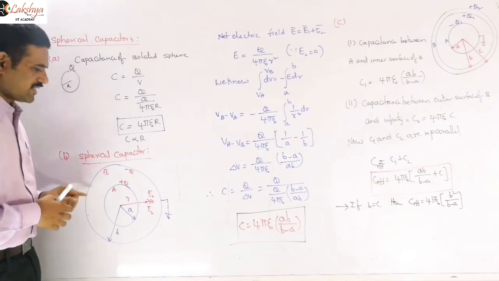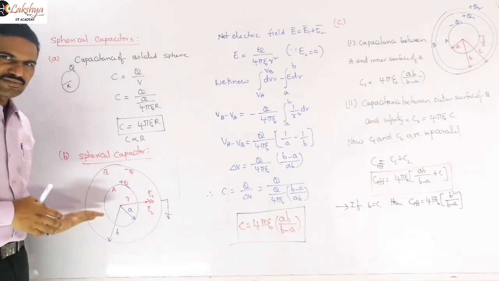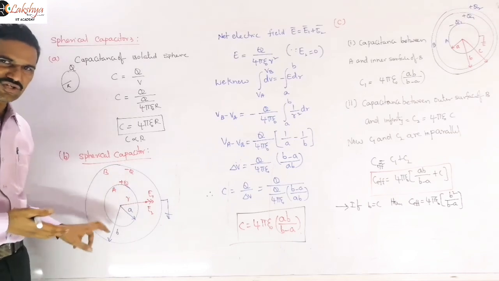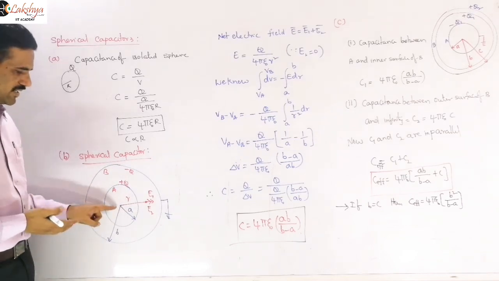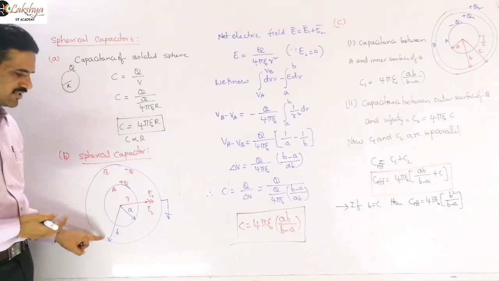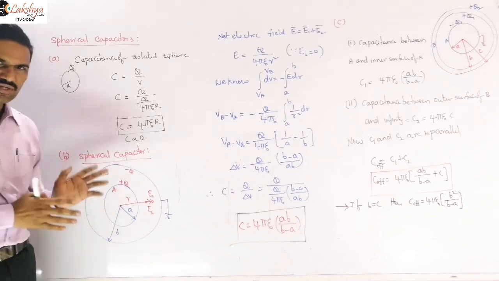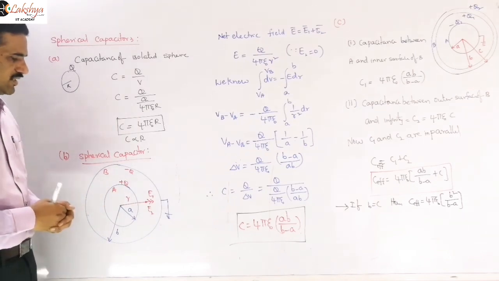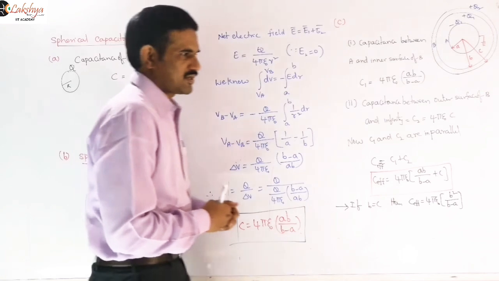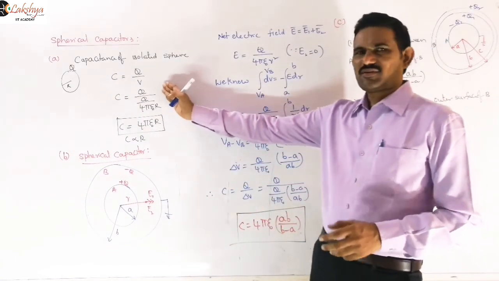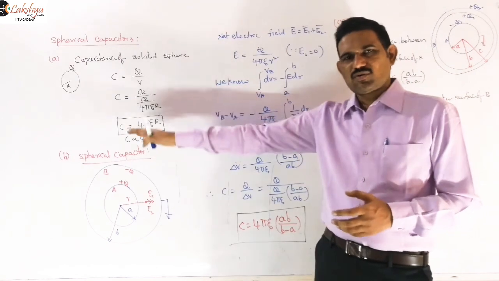Now let us see our actual spherical capacitor. Here we are taking two concentric metallic spherical shells: the inner shell of radius a, and the outer shell of radius b. This is just a revision for us.